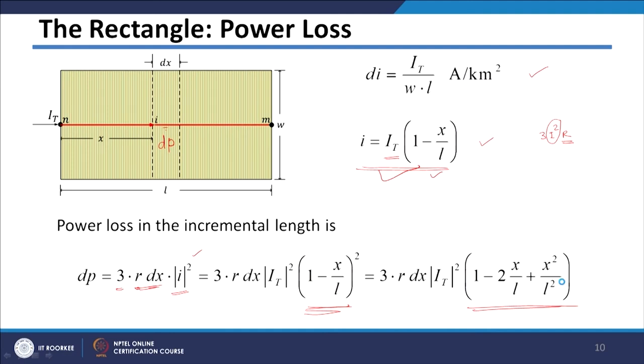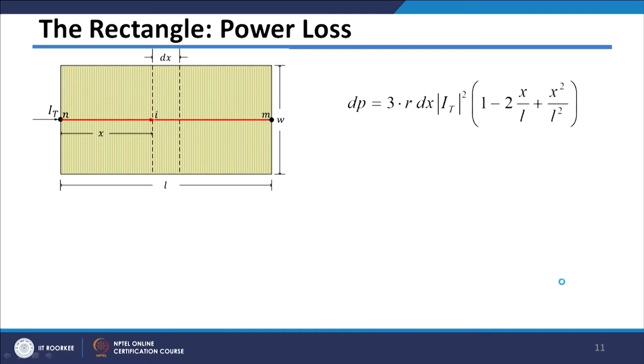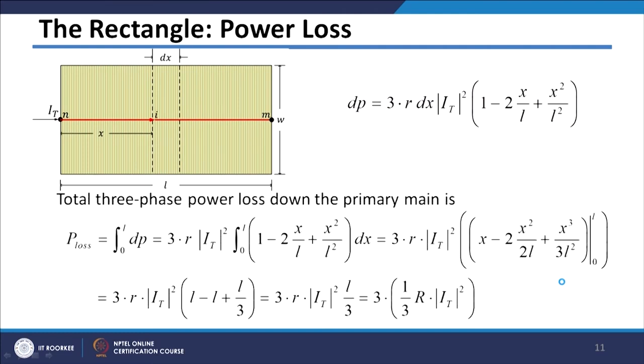So, we have got dP, as I told you. Then we have to integrate this dP from 0 to L to get the total power loss. I can put dP into this expression.